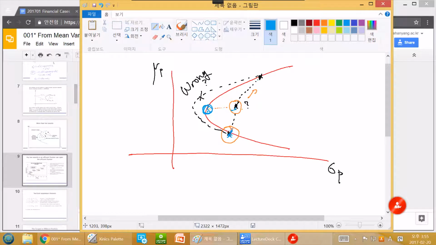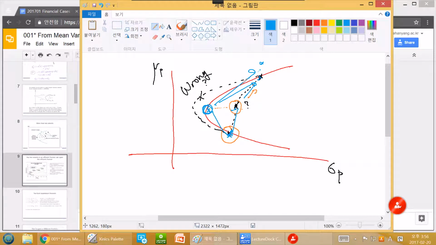So if we combine this one and this one, then we should be able to generate a portfolio better than this one, somewhere over here, right? Far better one, right? But that is also wrong because we already know it is the efficient frontier. So whatever we do, we cannot beat this one. So that is not possible. We cannot combine this one and create something better than this one. It is not possible.